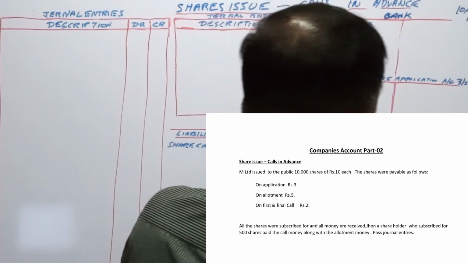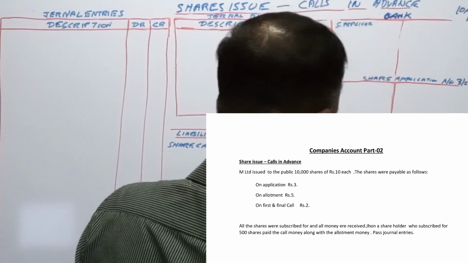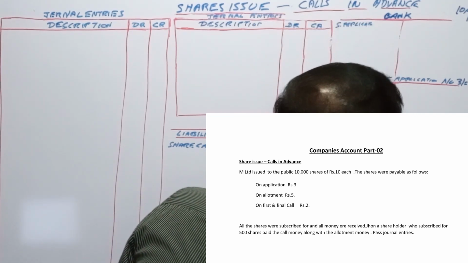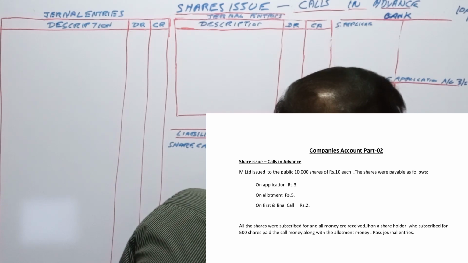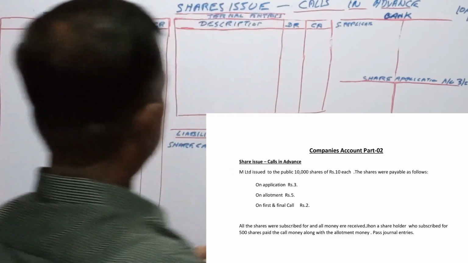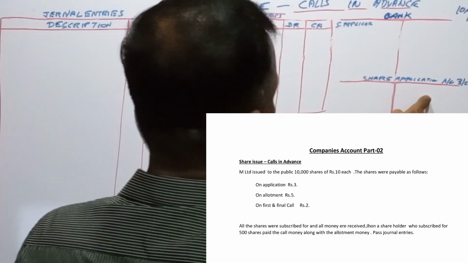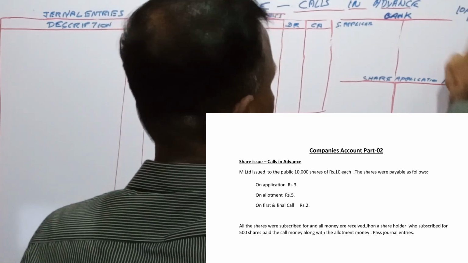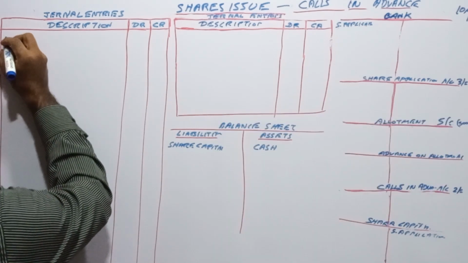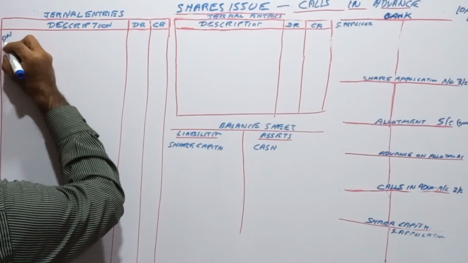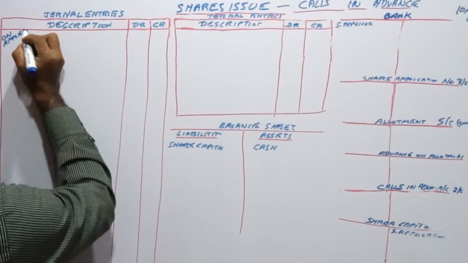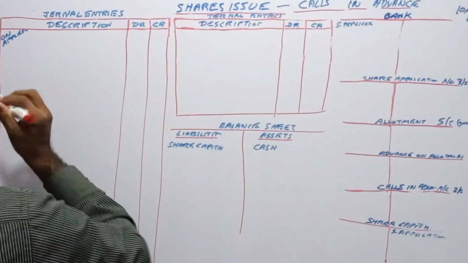We have to say calls in advance account. At the time of application they received 3 rupees per share, 30,000. So first is on application.